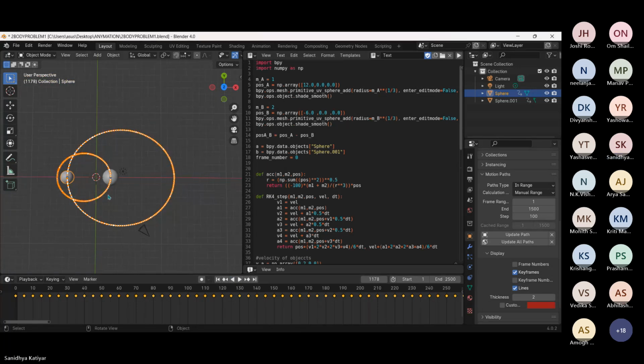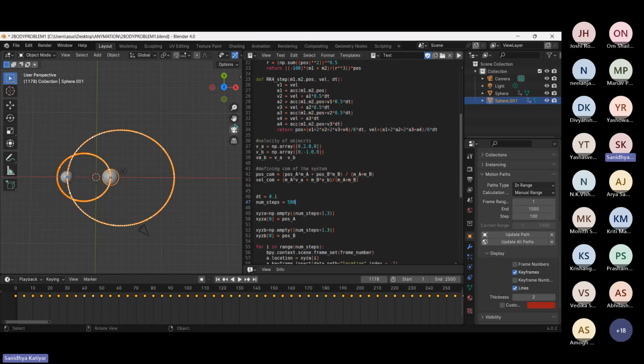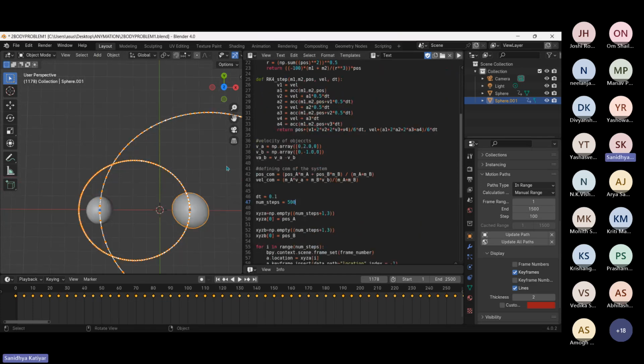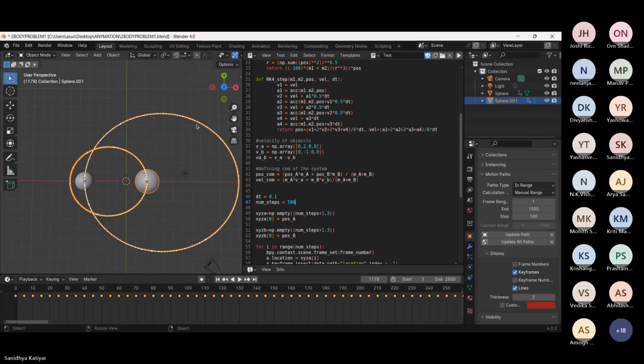So this is the 1 unit mass object and the 2 unit mass object. A few things you can notice are that the center of mass is fixed, and both of these follow elliptical orbits, and one of the foci of these two elliptical orbits is their center of mass.